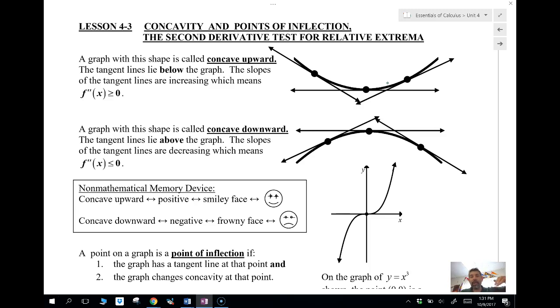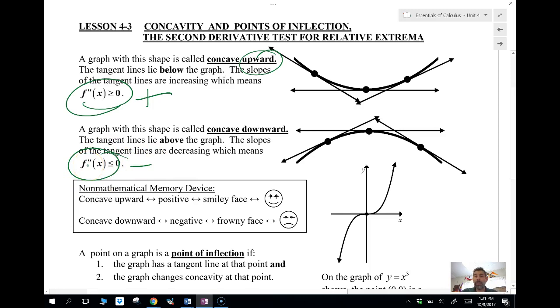So I know it's a negative slope, but they're increasing in slope, which means that the second derivative is positive. So concave upward, the second derivative is positive. If it's concave downward, then the tangent lines are above the graph, which means they are starting to decrease as they go from left to right, which means that the second derivative is negative.